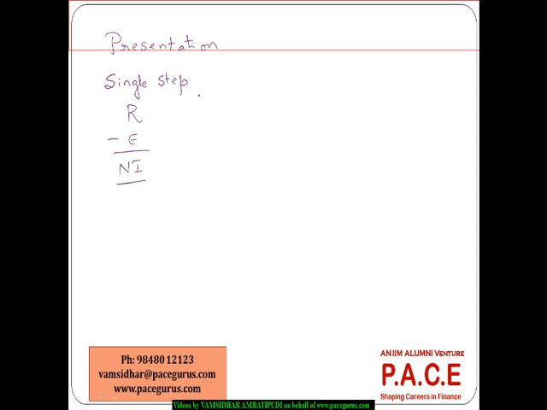A simple presentation in one single step. Or we come out with a multi-step process where a bit more detail is happening. So here we first look at revenues. Instead of taking all the expenses, we take only cost of goods sold first. The difference will give me the gross profit.